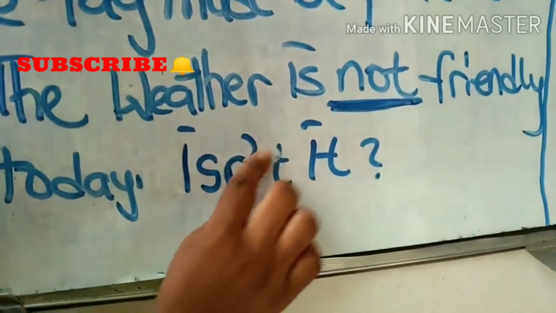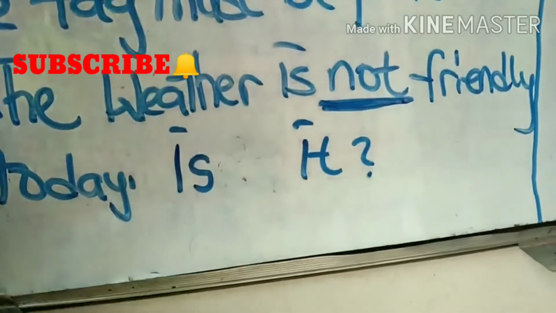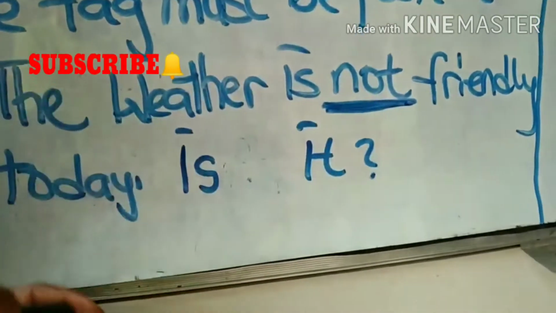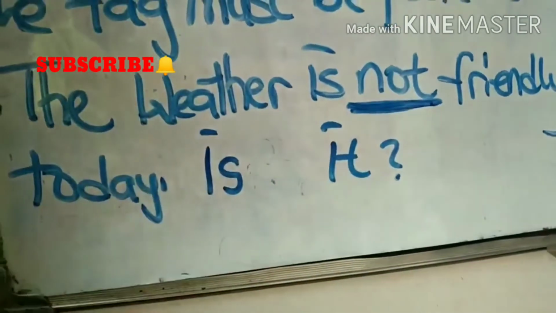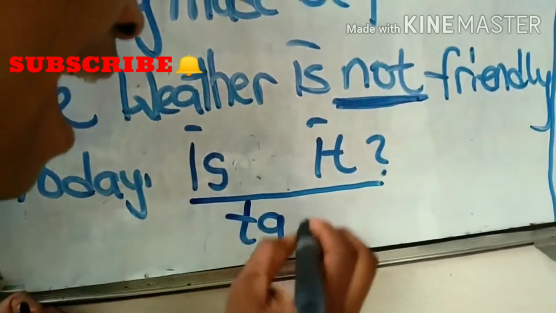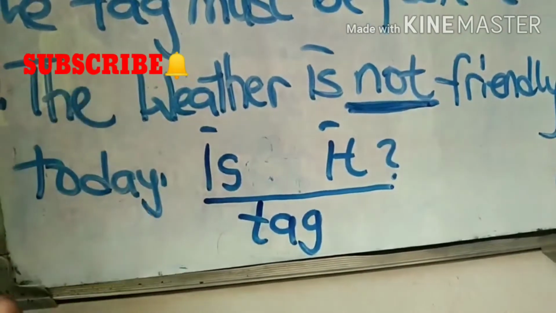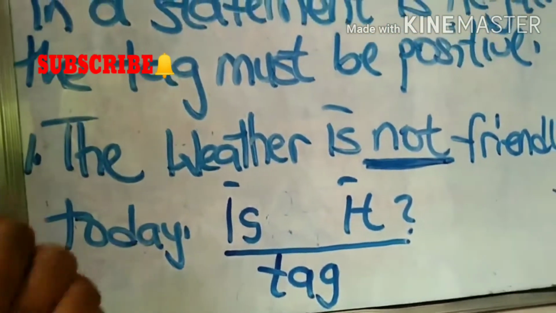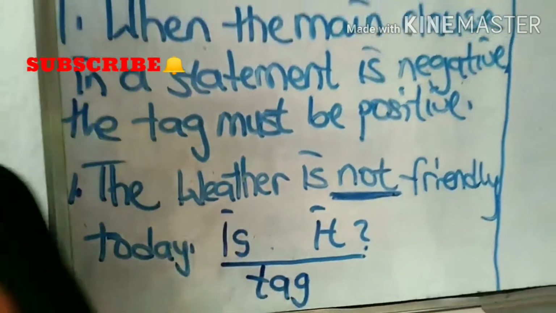Look at this. Some people make this mistake of using isn't it. The weather is not friendly today. Is it would be the right tag. Remember, this is the tag. Okay, so is it becomes the tag. I'm reading the statement again. The weather is not friendly today. Is it? That would be correct.